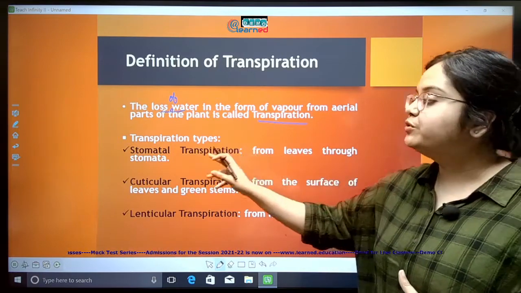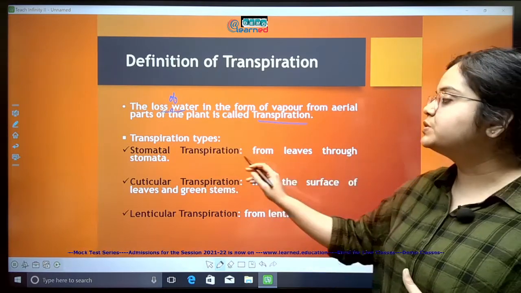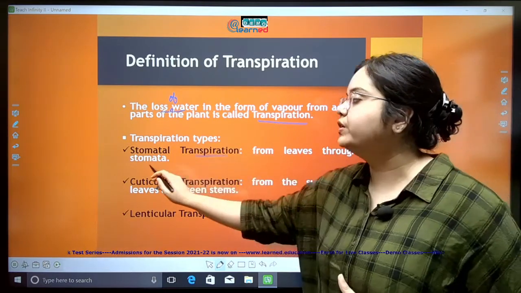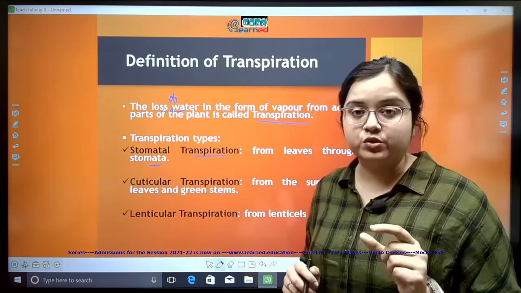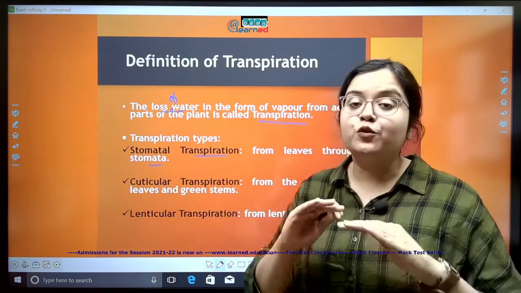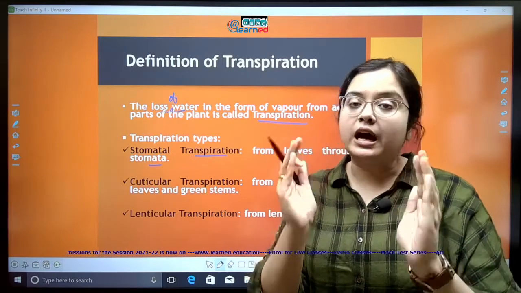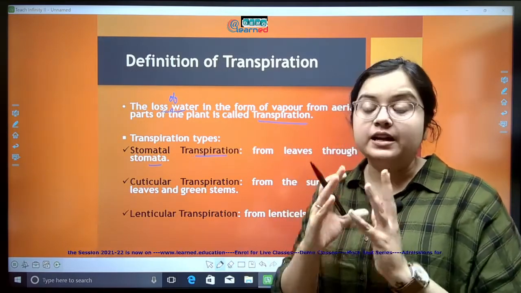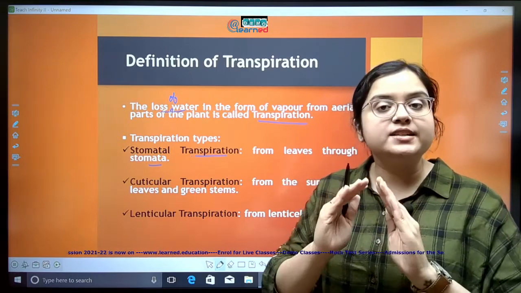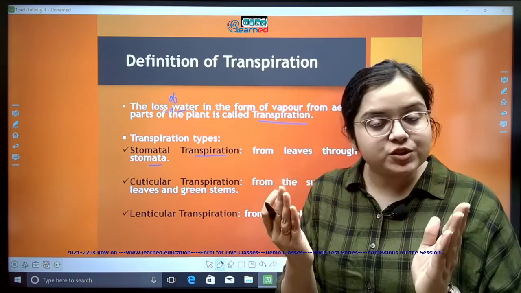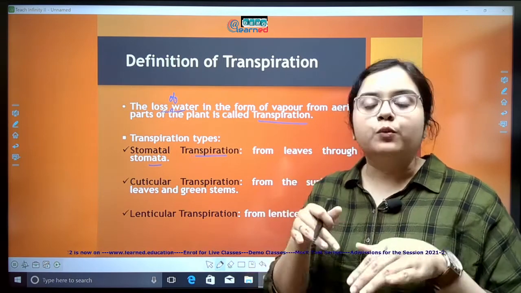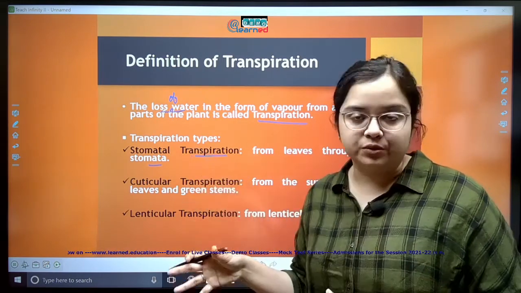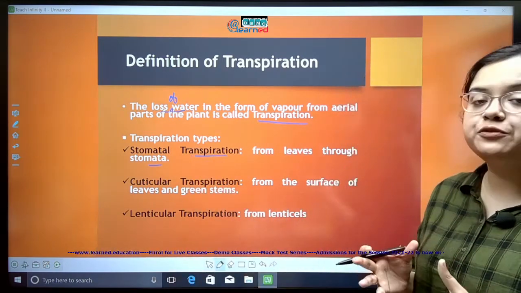In our previous class we spoke about stomatal transpiration, occurring through the stomatal pores. Remember the stomatal pores flanked by two guard cells, and the turgor pressure inside the guard cells which would open the stomata, and the water vapors will go out of the plant by diffusion.